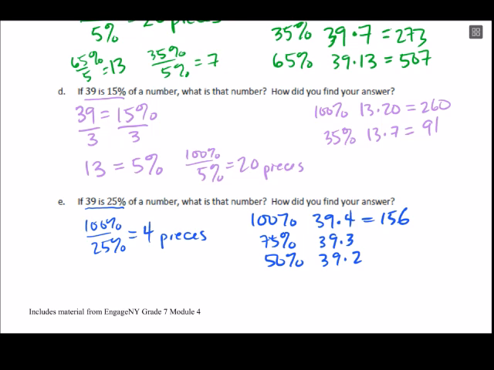Factors of 100 is a nice way to quickly, mentally, find a percent, but it is only useful if you have a greatest common factor of 100. You see here in this last problem, when we knew the 25%, it made it really easy.